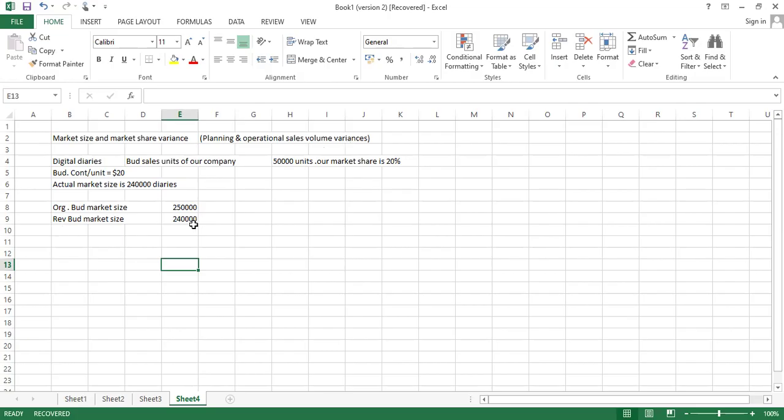And out of this revised budget, we are determining revised budgeted sales of our company, because our expected market share is 20% of the total market. So we will say 240,000 into 0.2, 48,000. We should sell 48,000.